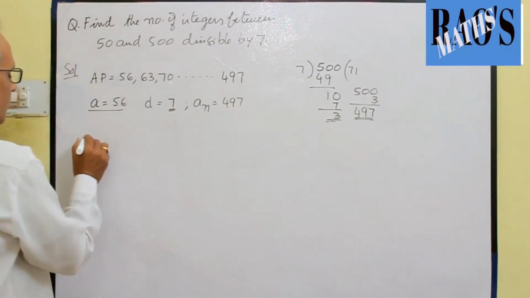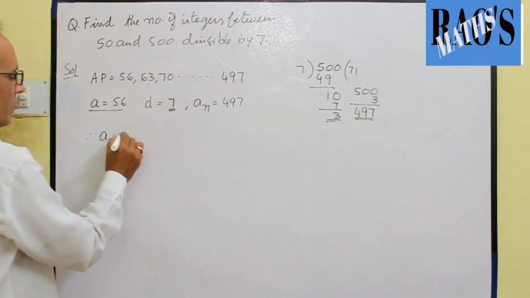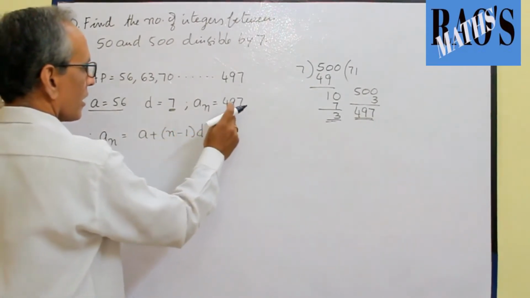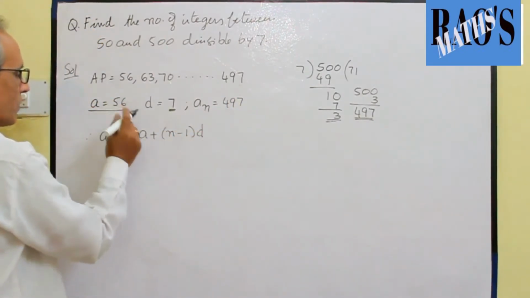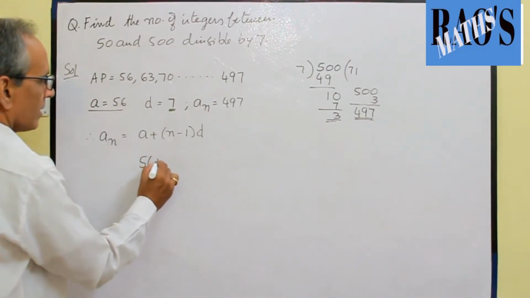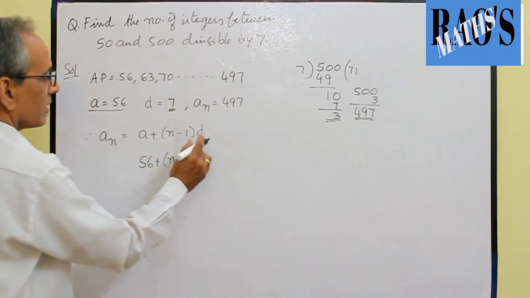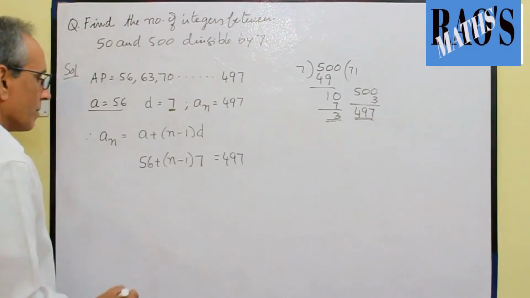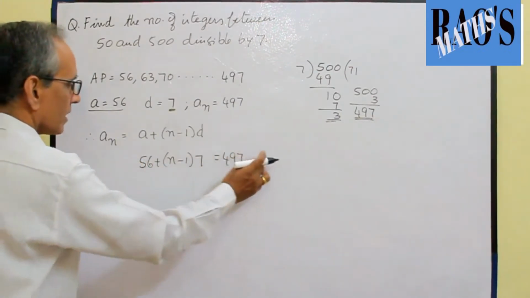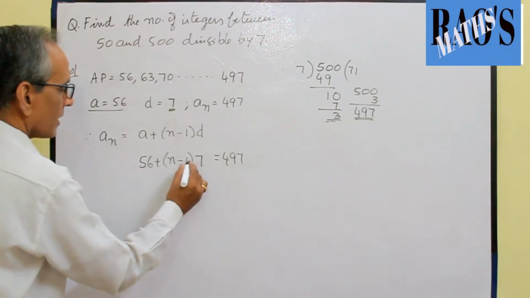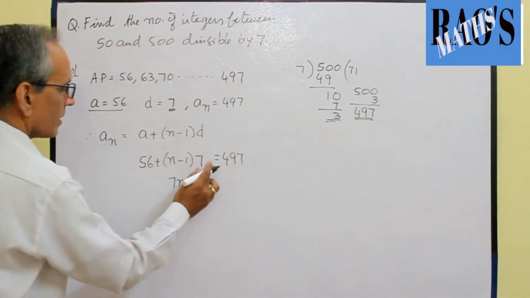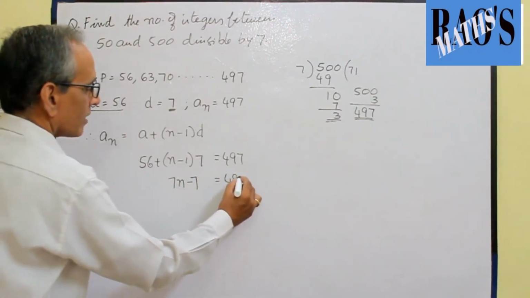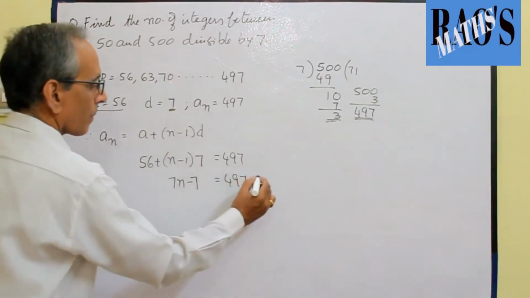Therefore, what is the general term of an AP? We know that it is A plus (N minus 1) D, which is already known to be 497. So A is 56 plus (N minus 1) times D, which is 7, equal to 497. So I subtract this 56 first. So 7 times N, 7N, 7 times minus 1, minus 7, is equal to 497 minus 56.